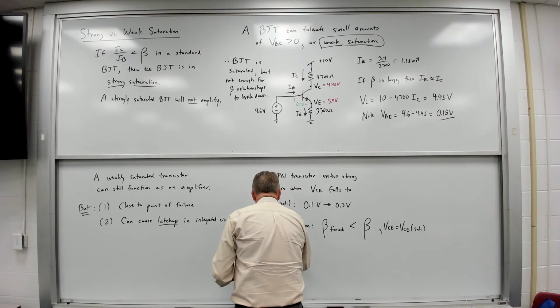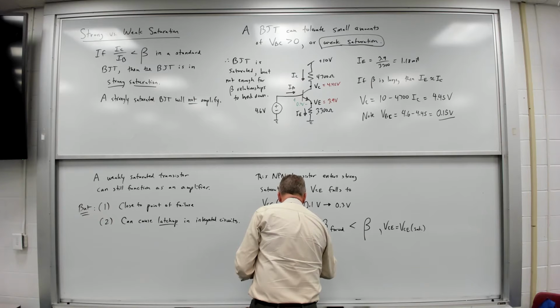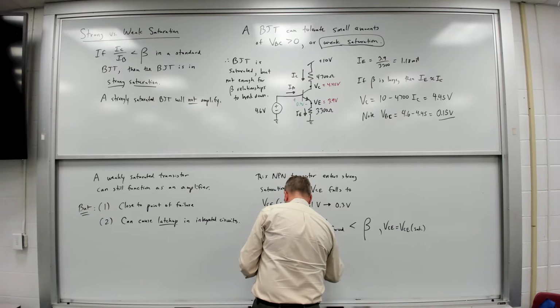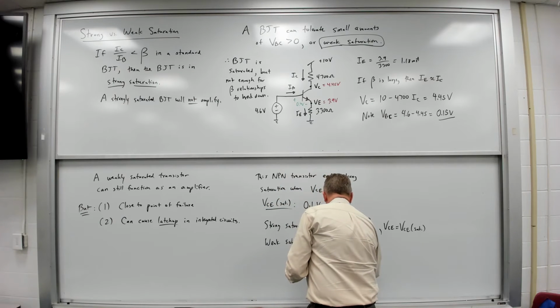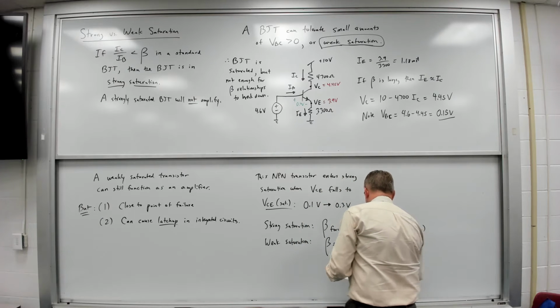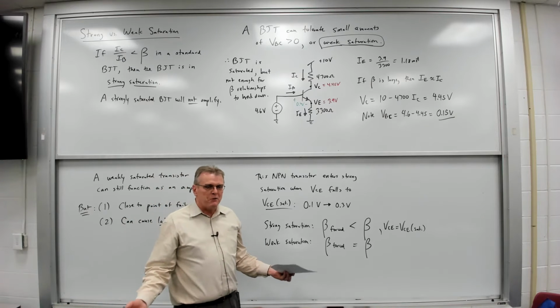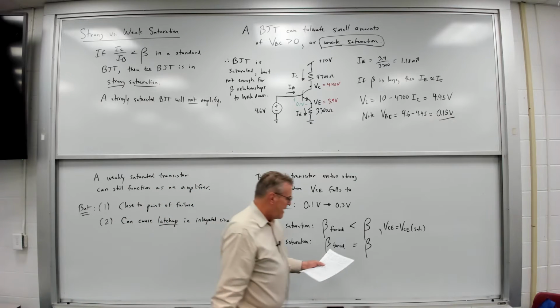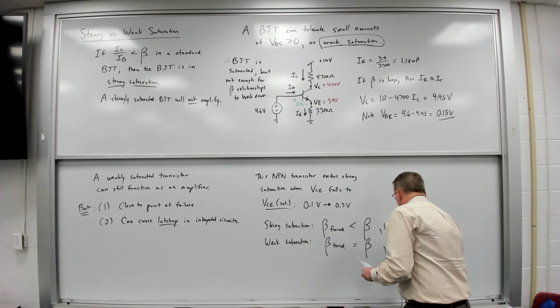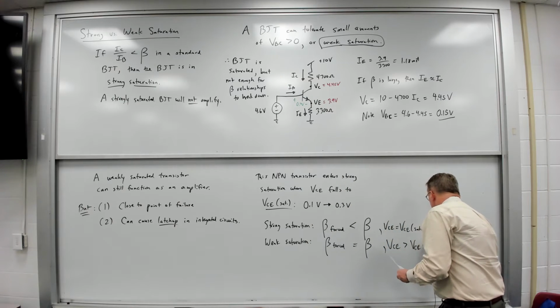When you're in weak saturation, then your forced beta is still equal to beta. So your forced beta doesn't change. It's still the same beta as the transistor. And in this case, the collector emitter voltage will be greater than VCE sat.